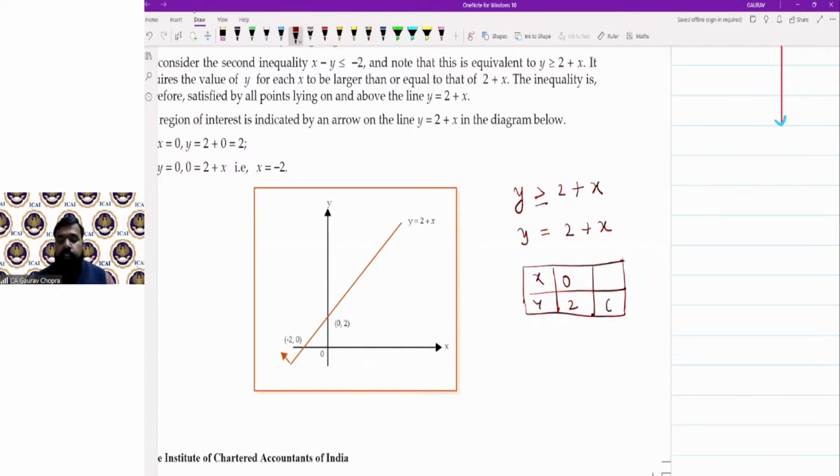And if y is 0, what will be x? It will be minus 2. Okay. Now mark this on the graph. We have marked this. Now connect these 2 points with a line. So this is the connected line which we have drawn.